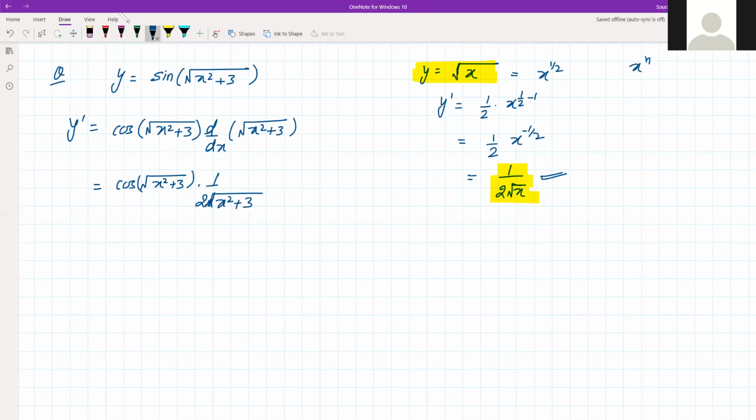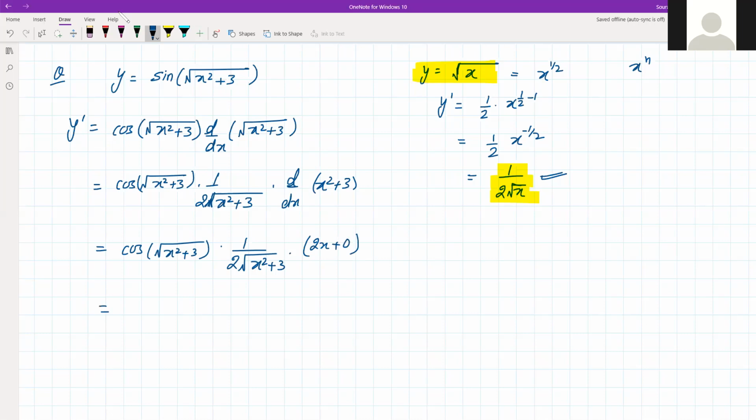Now what do we have to do next? Now we have to differentiate this x square plus 3 as well, because that is also a function. This x square plus 3 is not yet differentiated. So this is cos root of x square plus 3 into 1 by 2 root of x square plus 3 into differentiation of this, which will be 2x plus 0.